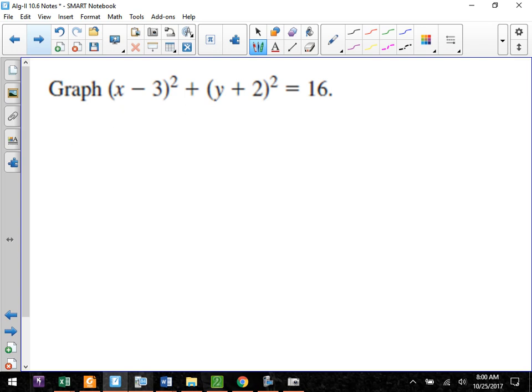Your A and B values are the same. If you divide it out by the 16 over to here and here, it would equal 1, but your A and B values are the same. So when your A and B values are the same, it's always going to be a circle. So what we do is we write out the equation for the circle to start with. X minus h, quantity squared, plus y minus k, quantity squared equals r squared.